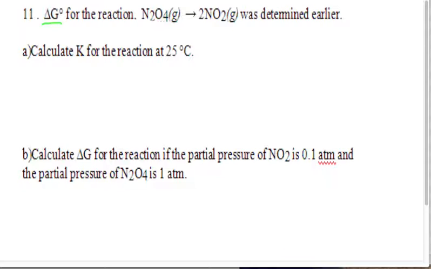However, because we're at standard, what would be the quickest way to find delta G? Yeah, we can do Big Mama, and I actually have the delta G values on the board. So delta G naught is going to be equal to 2 times NO2's delta G, 51.31, minus 1 times N2O4's delta G, 97.891.